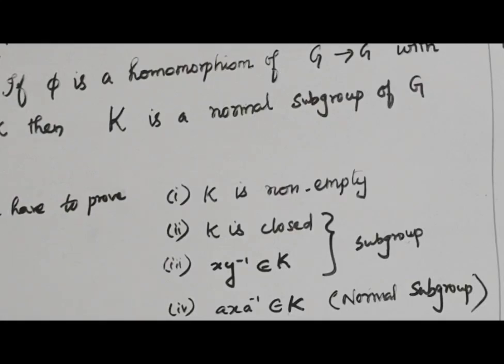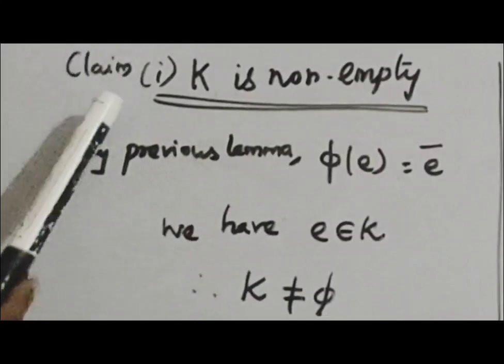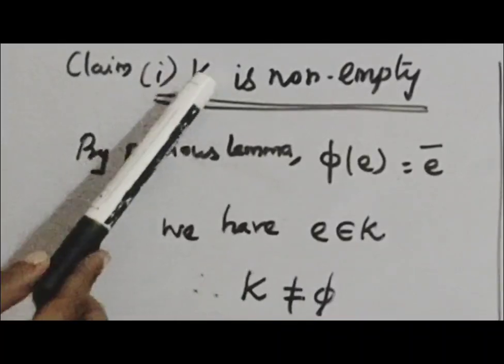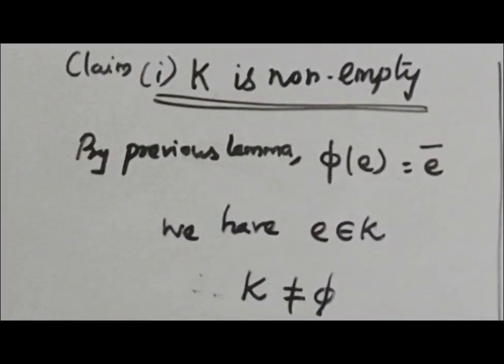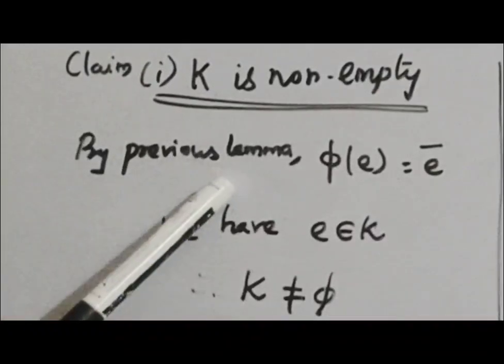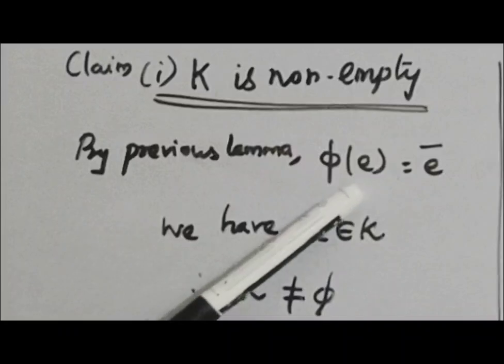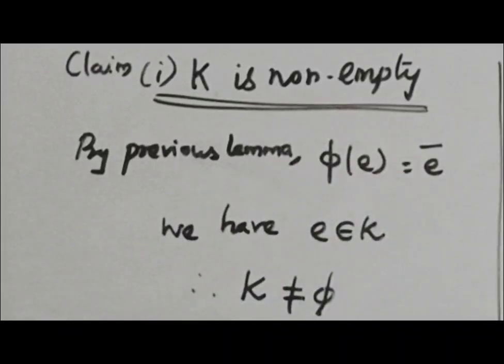Now first claim, we are going to prove K is non-empty. By previous lemma, what is the previous lemma? Phi of e is equal to e bar, and second, phi of x inverse is equal to phi of x the whole inverse. Therefore, we are taking the first condition, that is phi of e is equal to e bar.